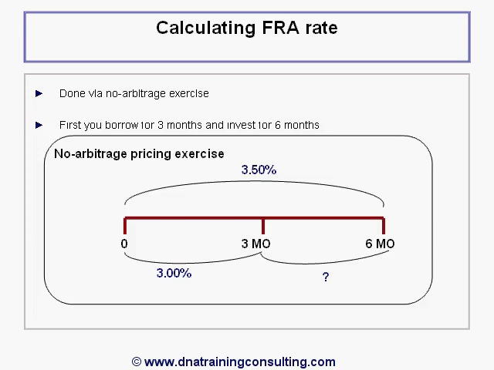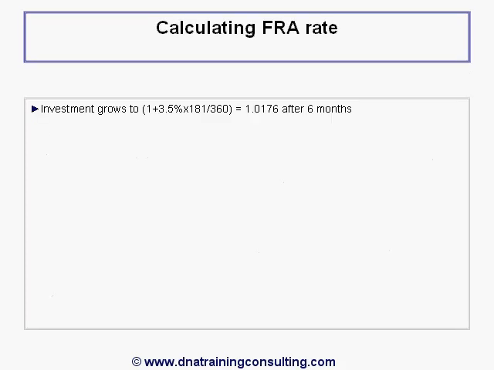The process is summarized in the diagram which has just appeared, which assumes first that you go ahead and borrow funds for 3 months at 3% and invest them for 6 months at 3.5%. We base the calculation on one single notional US dollar, since the specific notional amount does not, in fact, alter the outcome of the calculation.